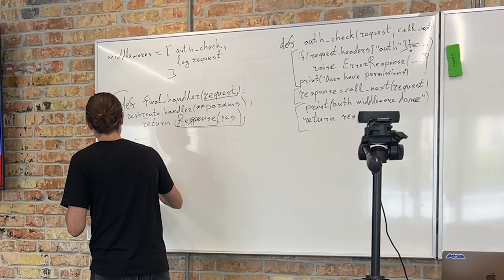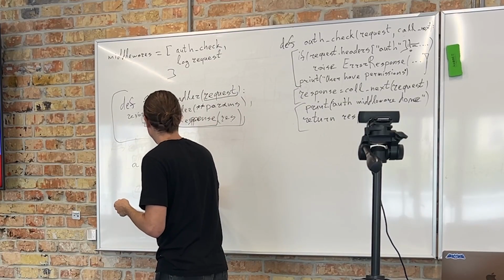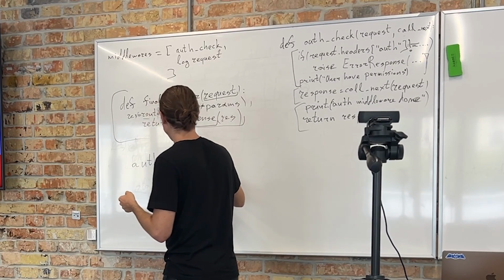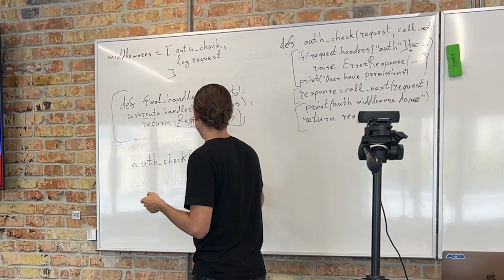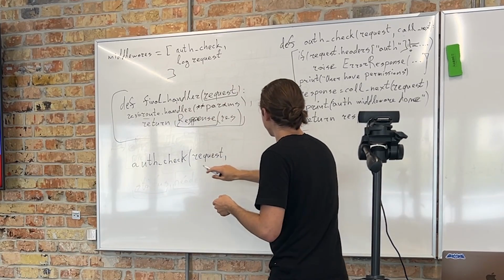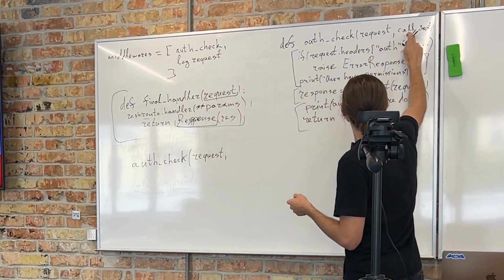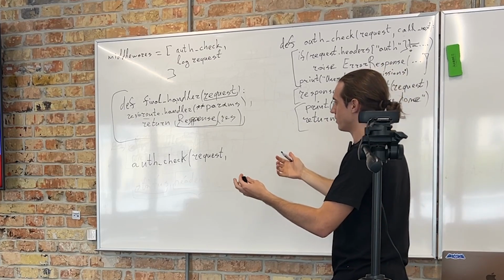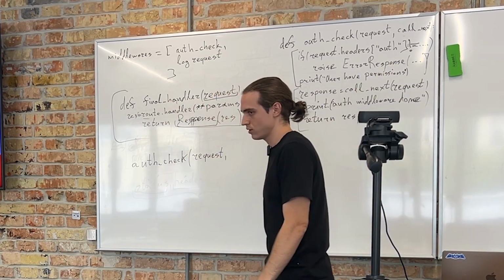You will do this programmatically, but if I write it on a whiteboard, it will look like this. We need to call our auth check with a request, and then you can see that we have some call_next, and our call_next in this example is our final handler.